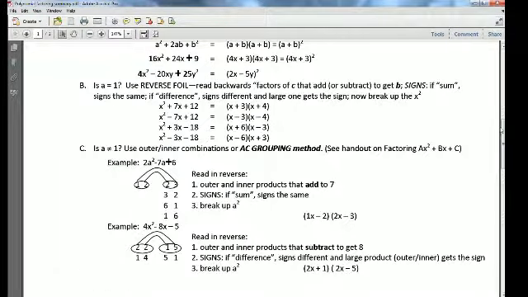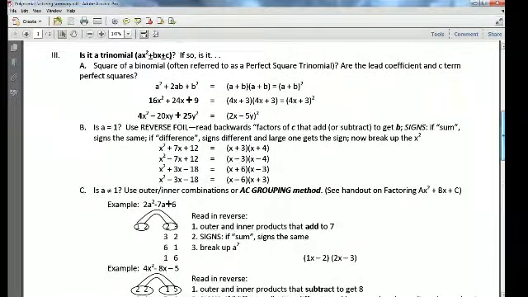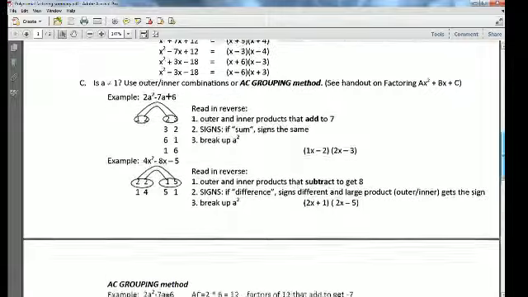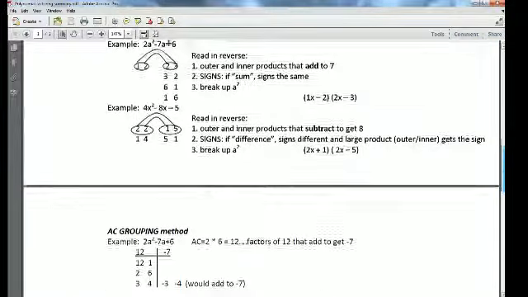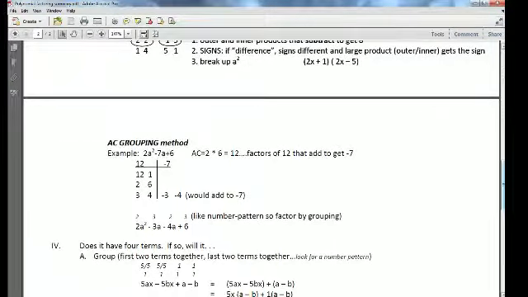We've been working with trinomials, right? A, B, and C. So you can factor if A is 1, or A is not 1, lots of ways. And then the other part of this is if it has 4 terms, and we'll go over that next week.